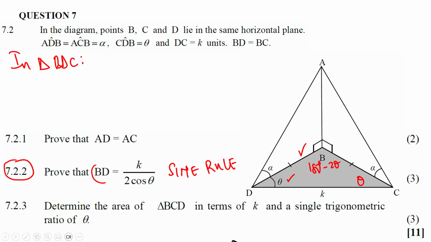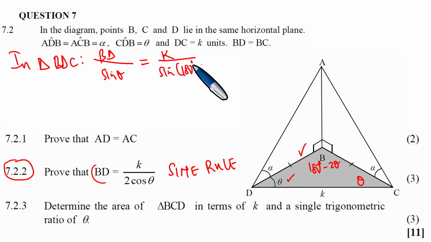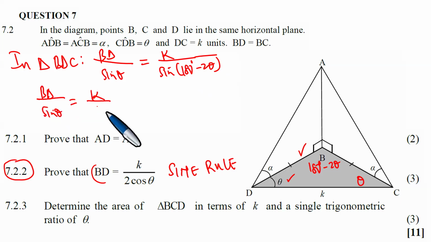And then now we need BD, so we're going to say BD in the triangle BDC, so BD over sine theta equals K over sine 180 degrees minus 2 theta, which is K divided by the sine of 2 theta.